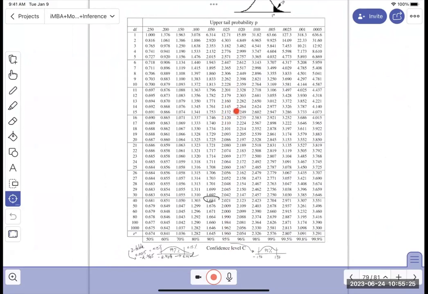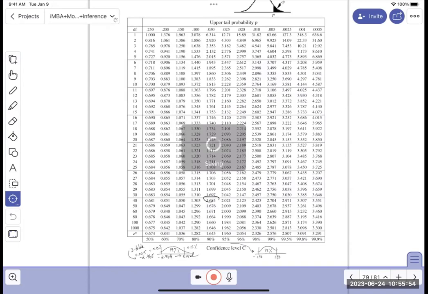T equals 2.132. So from the bottom, just to avoid confusion, because it can be confusing. 2.132.